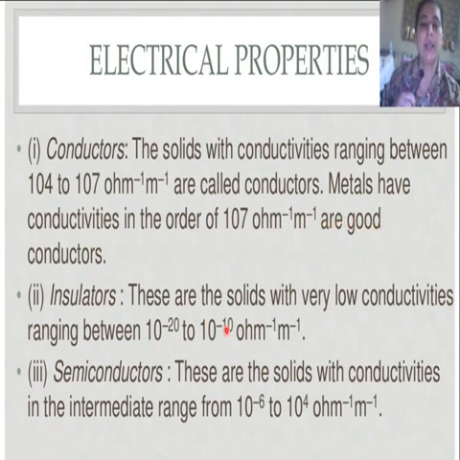Insulators are the solids with very low conductivities ranging between 10 to the power minus 20 to 10 to the power minus 10 per ohm per meter. Semiconductors are the solids with a conductivity in the intermediate range from 10 to the power minus 6 to 10 to the power 4 per ohm per meter.